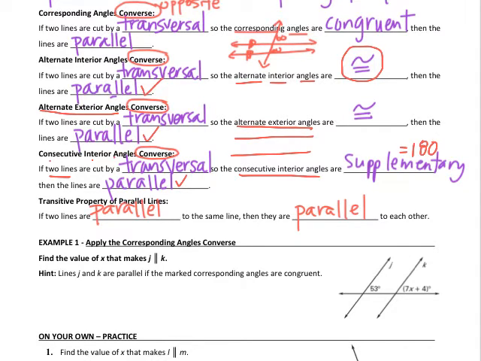If we have this set of lines, and we have, let's say, 120 and 60, if those are the two measures of those angles, then we know that these two lines here are parallel because 120 plus 60 is 180, therefore the lines are parallel. Okay, if those numbers don't add up to 180, then the lines are not parallel.